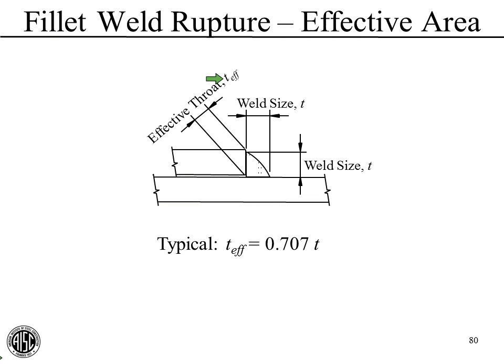This T sub EFF, just from trigonometry, is 0.707 times T. Now, if we were to have a welding procedure that we have shown will build out the weld farther, larger than 0.707 T, then we can use that larger value. Okay, so the weld effective area then is just the length of the weld times this effective throat distance.